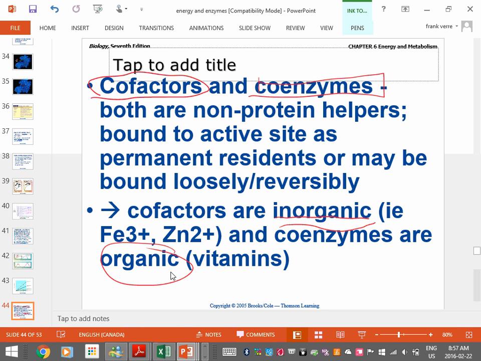So what would be the cofactor, if you remember we talked about this, that helps make collagen? Without it, you get scurvy. Vitamin C. Okay? So enzymes, we're talking about things that affect them. For them to be effective, they may need cofactors and coenzymes to work properly.